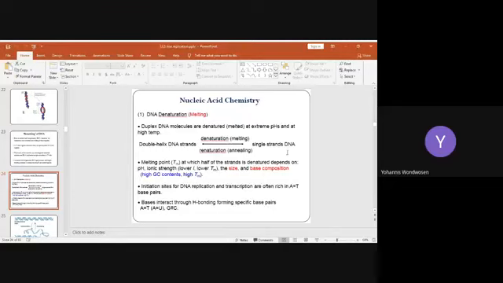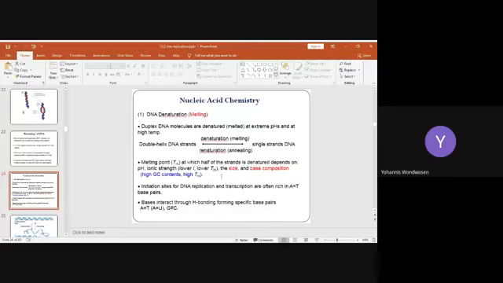However, the DNA might undergo renaturation or annealing. It can anneal back to double strand, and then it becomes functional. As I told you before, it has a melting temperature, the temperature at which half of the strands are denatured. It depends on the pH, ionic strength, the size, and the base composition. The base composition matters because a base content with high GC bonds requires a high melting temperature, while a region with a lot of AT has a lower melting temperature.